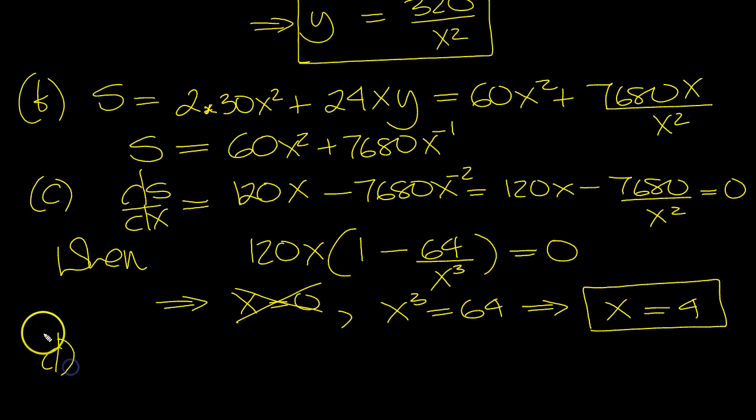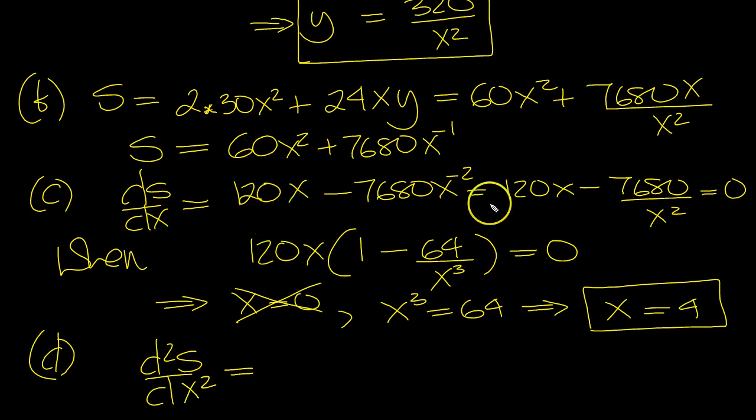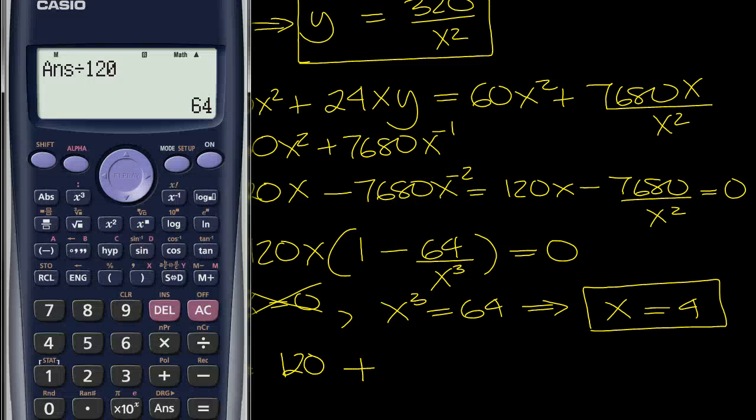Now part D, let's see if it's a min or max by getting the second derivative. d2S/dx squared is equal to 120, because x goes to 1, plus 7680 times 2, 15,360.